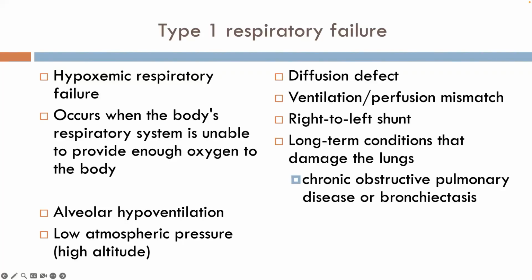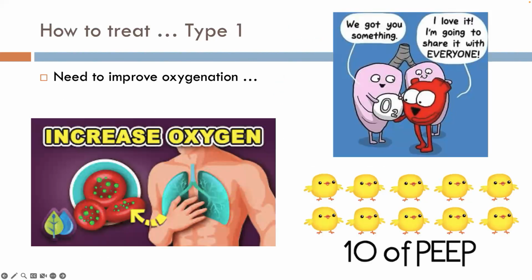Right to left shunt is the issue in the long-term CO2 patients. So how do we improve type 1 oxygen level respiratory failure? We need to give them either more oxygen or more PEEP.